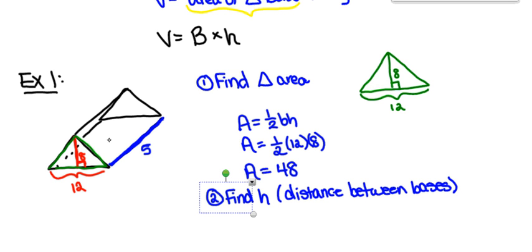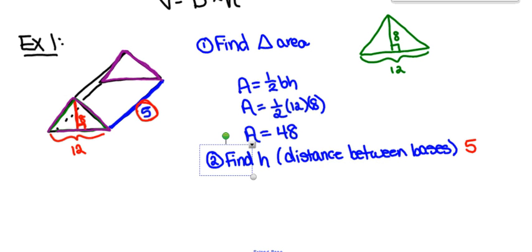So in this picture, I've got a triangular base at the front and a triangular base at the rear. And the distance between those two triangular bases is represented by the 5. And once I know the area of that base and I know the height, now I'm going to substitute into the formula.